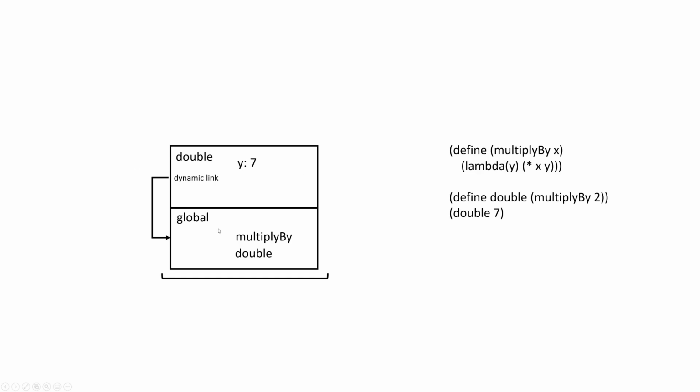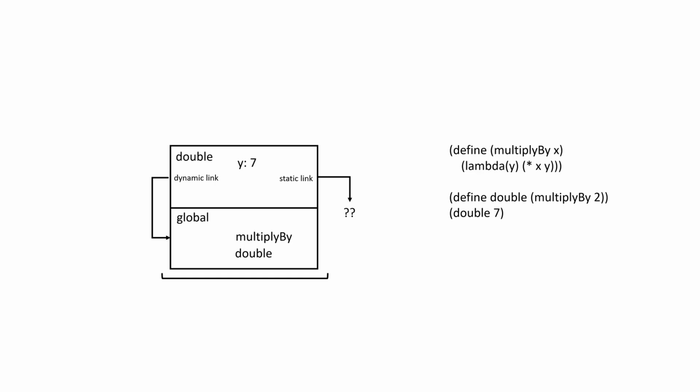The static link, on the other hand, is supposed to point to the enclosing scope. And as we saw with the substitution model, it was important that that enclosing scope has this variable x bound to the value 2 in this case. But that activation record no longer exists, nor do any of the bindings in that activation record, because they got destroyed because of how the call stack typically works.